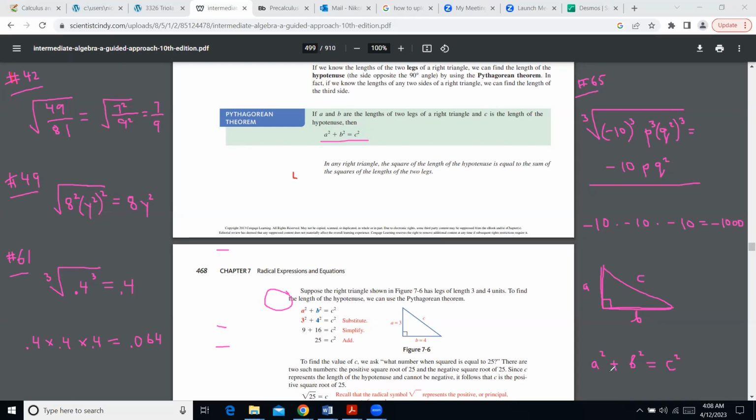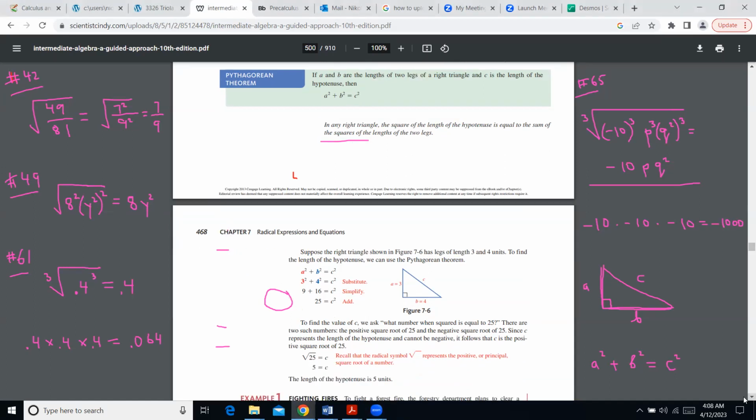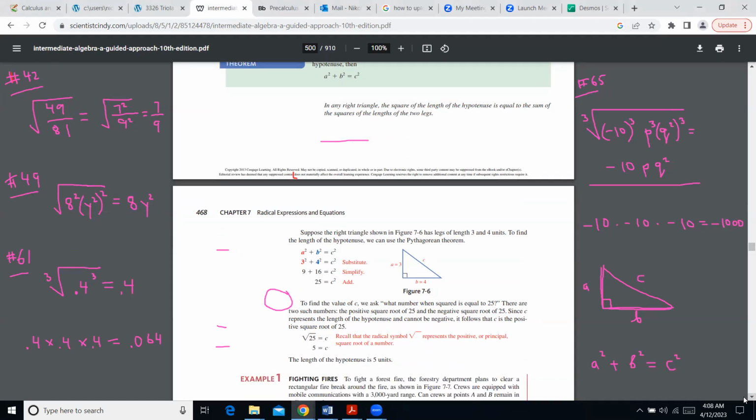So this way I get the setting, and they give an example with a very popular Pythagorean triple of numbers. They say if a is equal to 4, b is 3, then when you use 4 squared and 3 squared and add them together, you're going to be adding 16 and 9, which totals 25.